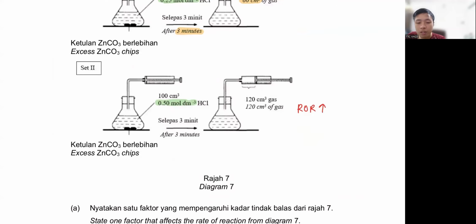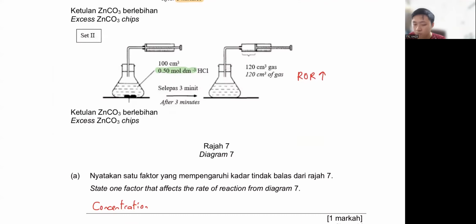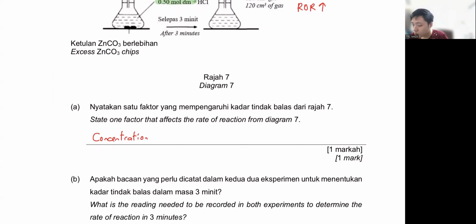State 1 factor that affects the rate of reaction from diagram 7. Concentration. Or you can say concentration of hydrochloric acid also can, if you want to be complete. Then what is the reading needed to be recorded in both experiments to determine the rate of reaction in 3 minutes?